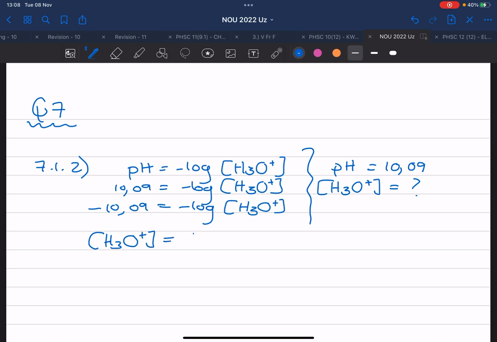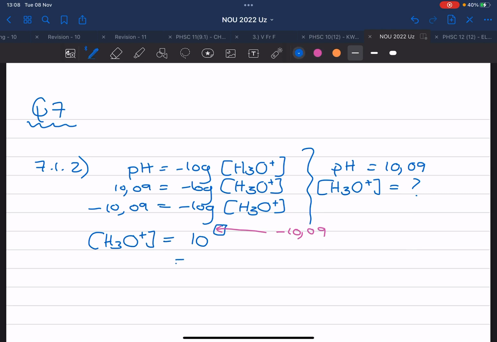It's going to give you 10 to the power of a blokkie. Okay? And inside that blokkie, you fill in negative 10.09. Shift log negative, because you took the negative over.